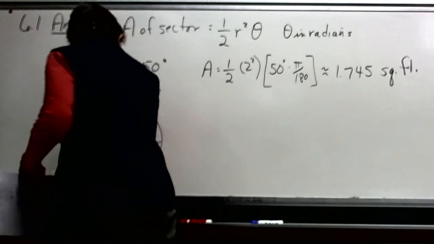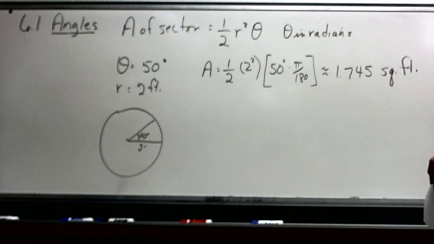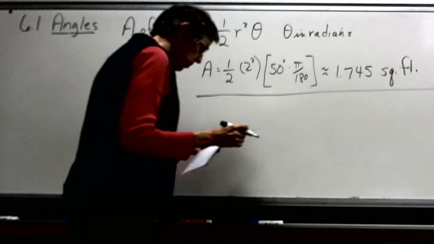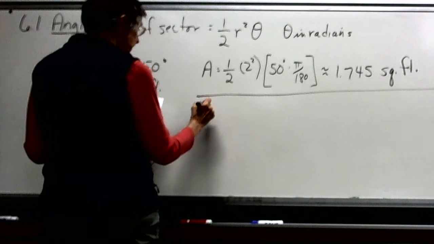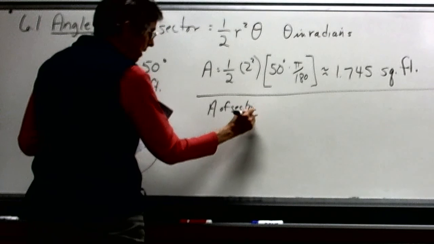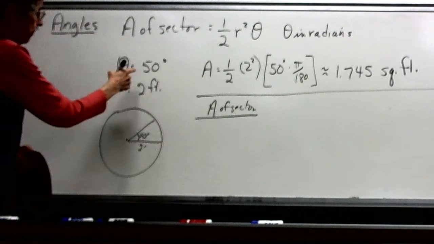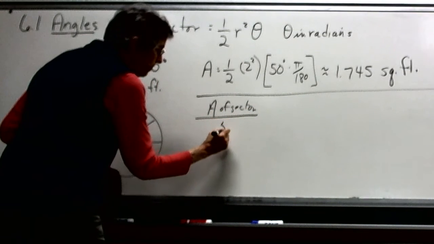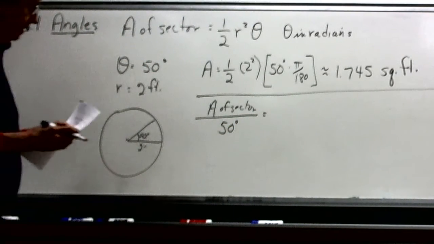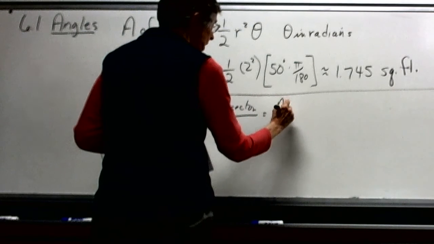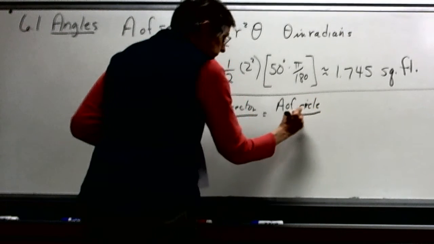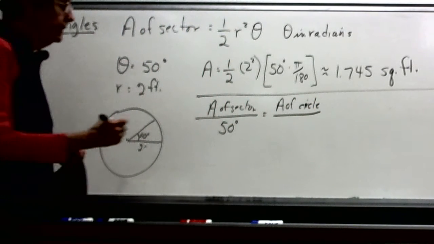The other way to solve this problem is to just go straight to a proportion that works in the circle. We have the area of a sector over the central angle that is subtending it is going to be proportional to the area of the circle, and of course that's subtended by 360 degrees.